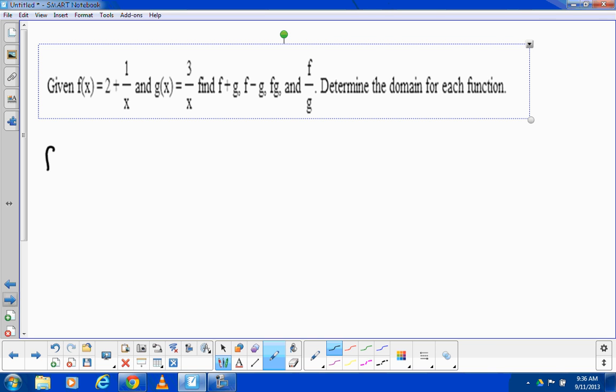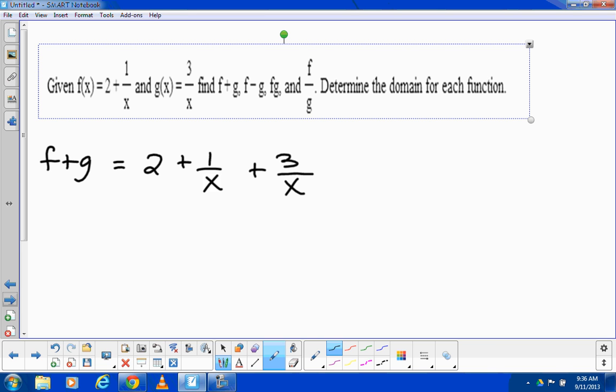All right, let's start off with f plus g. So, here we go. f plus g would be 2 plus 1 over x. All right, y'all tell me the rest of it. What would the rest of it say? That's f. Now add g to it. What's g? Yeah, plus 3 over x. Now that's not as bad as it seems.